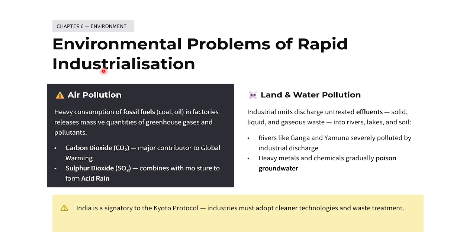India has already signed the Kyoto Protocol, so industries must use cleaner technology and waste treatment. Through this, nowadays every industry wants to use clean energy, whether wind, hydro, or solar energy. That is the reason environmentally friendly industry should be established, even using EVs and all that comes into the picture.